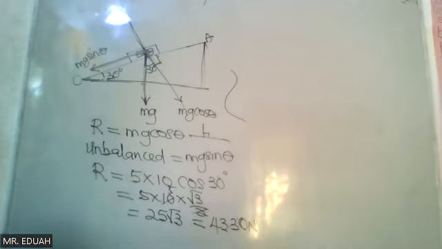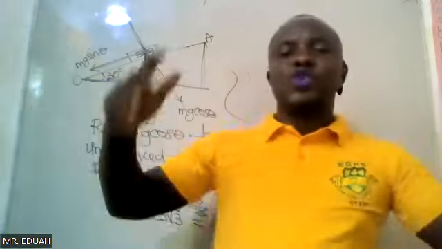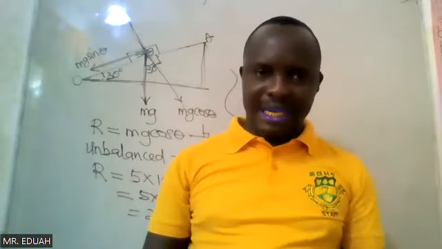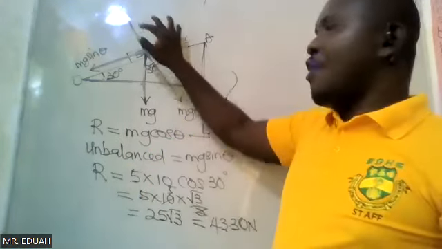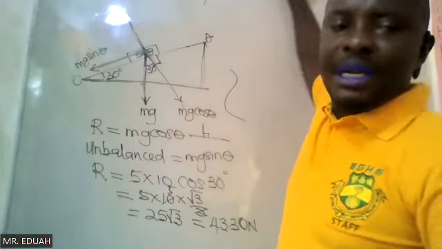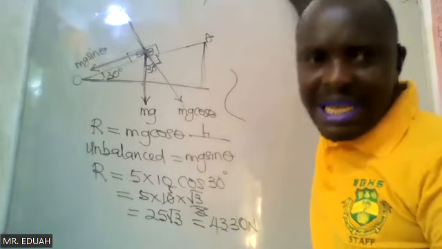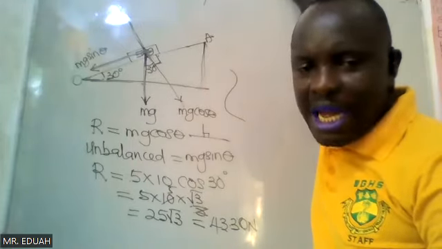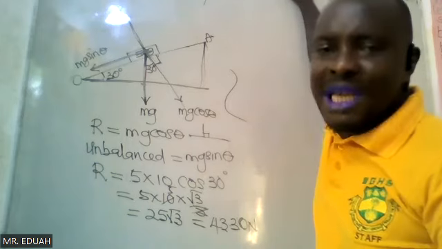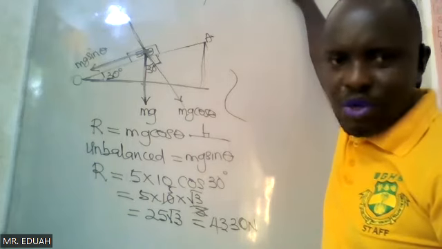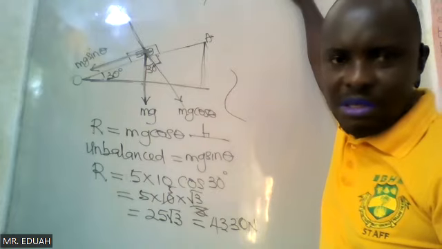The resultant force acting down the plane. Since this is a smooth inclined plane, there is no other force apart from the always existing mg sin theta, whose direction is down the plane. And so that's the only resultant force.